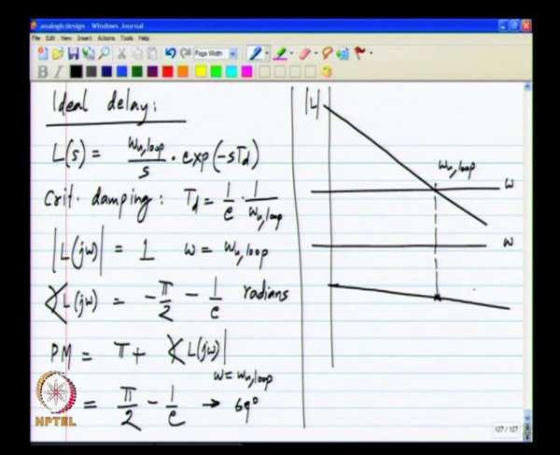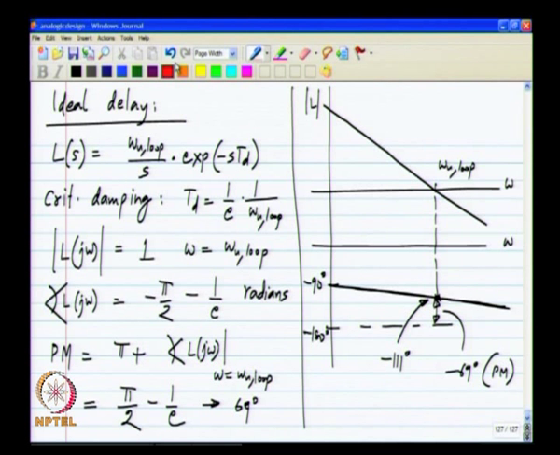And for critical damping at omega equals omega u loop, you have a phase angle of minus 111 degrees. This is approximately minus 90. So, this is on a log scale. So, a straight line on a log scale does not actually look like a straight line. I have drawn it approximately, and the distance from minus 180 degrees is 69 degrees, and this is the phase margin. Okay.